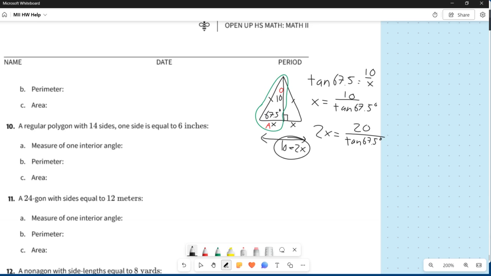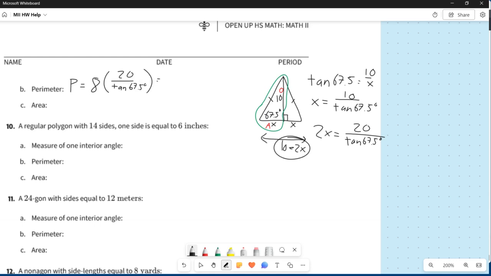And that is also the side length of our octagon, because we've now seen that a couple times. The base of this triangle is one of our side lengths. So if I want the perimeter, well, I have 8 sides, and every single side has a measurement of 20 divided by tangent of 67.5 degrees.